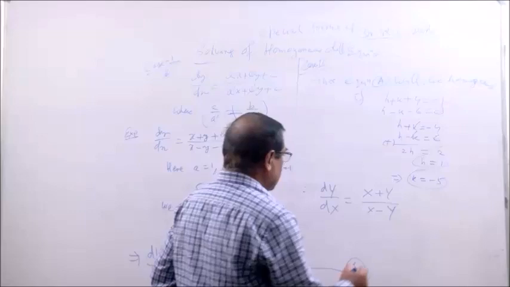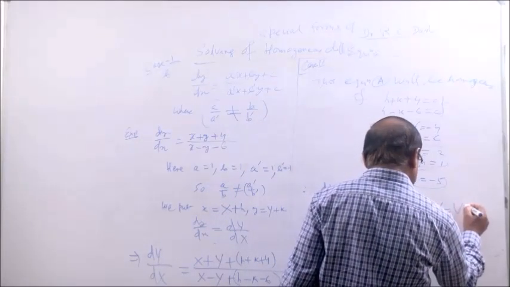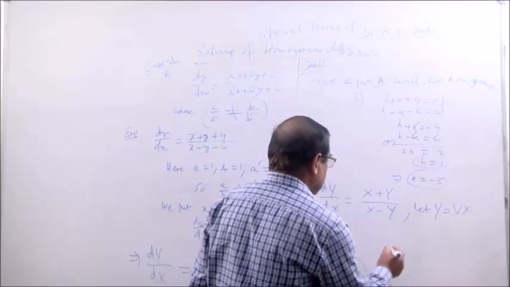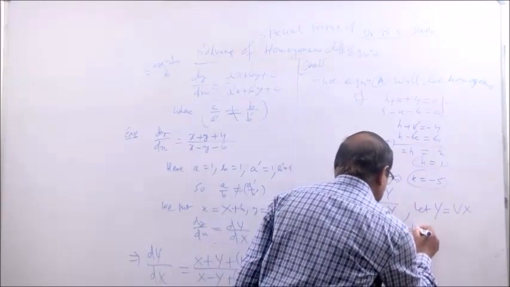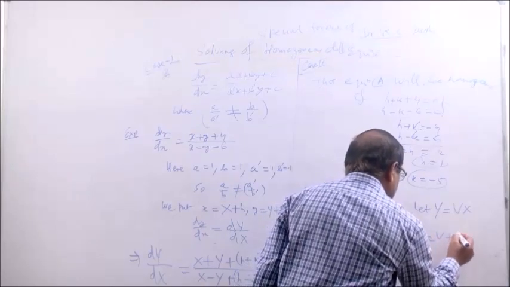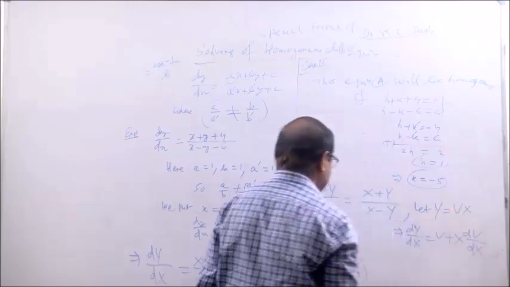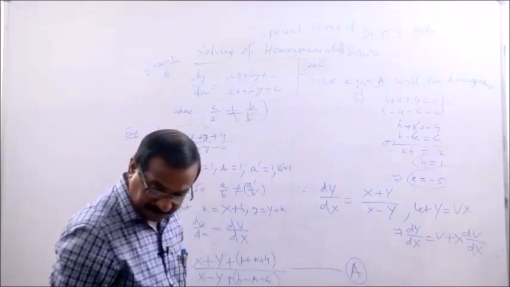Now, we know for homogeneous equations we put Y equal to vX. So, that implies dY by dX is equal to v plus X dv by dX.